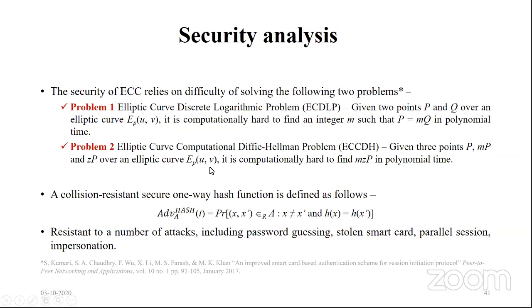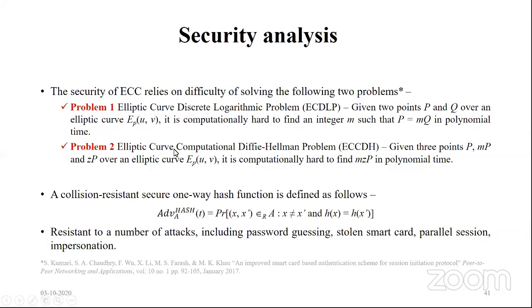So talking about the security aspects of the scheme, they again rely on the two key problems associated with elliptic curve cryptography. The first one is the elliptic curve discrete logarithmic problem. So this is again related to mathematical notions, in which if we consider 2 points on the elliptic curve, P and Q, then it is computationally hard to find an integer m such that P is equal to mQ, and this is not possible in polynomial time.